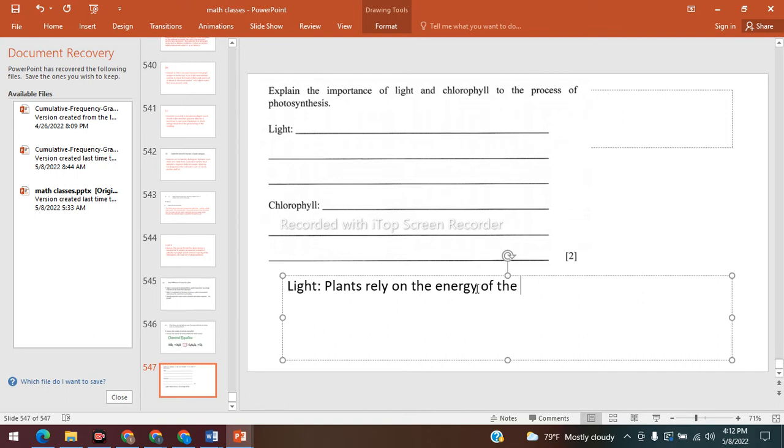It's very important. The energy of the sun, or the energy in sunlight, to produce the nutrients that they need.